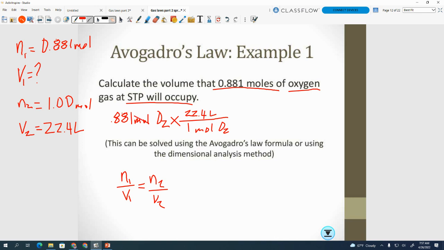And so I can get rid of moles here, and I get my answer in liters. Now, if I was doing this, I would use this setup because I really don't like having to manipulate equations. This one, I don't have to manipulate anything. I just establish a conversion factor based off the material.